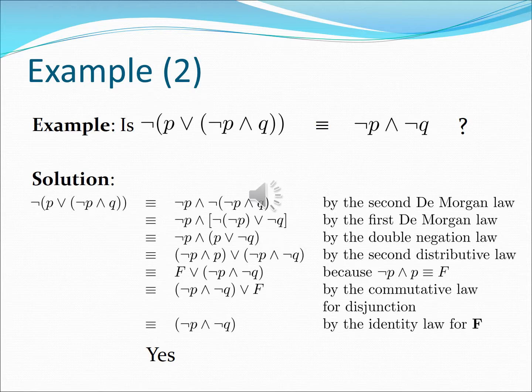As you can see here, the first thing is we use De Morgan's second law. Here I have a negative outside the parentheses. When I apply the negative to an OR expression, I get an AND expression.